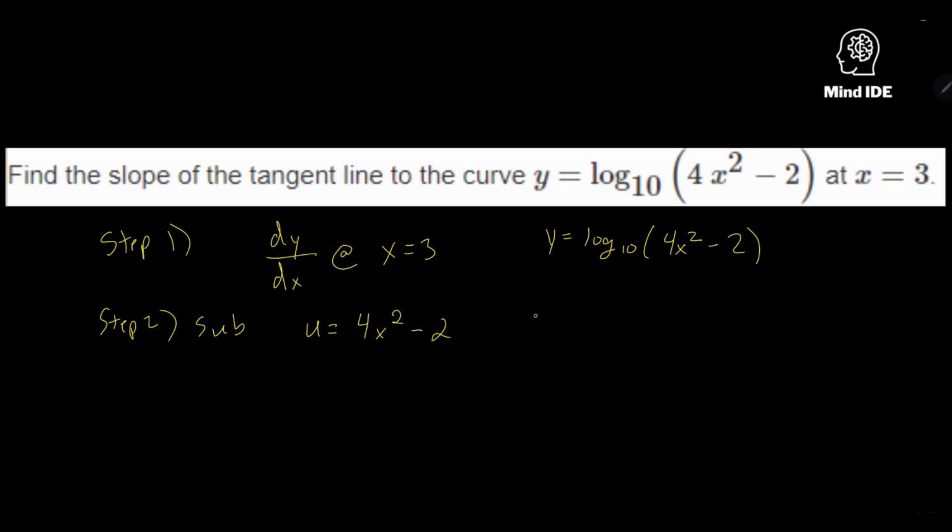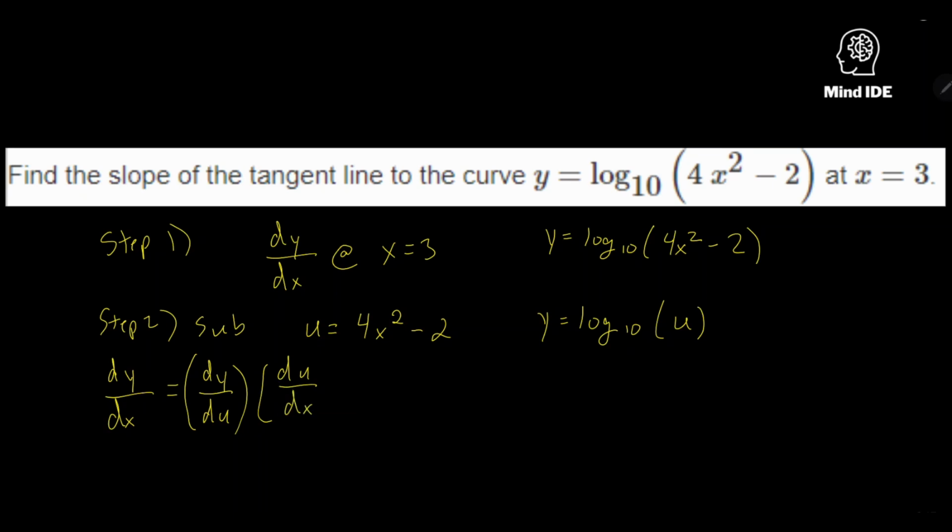So then we have y equals log base 10 of u. All right. And so we also know that dy over dx, we can rewrite this, equals dy over du times du over dx.